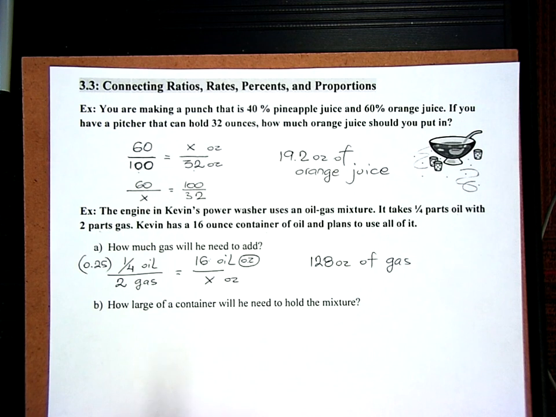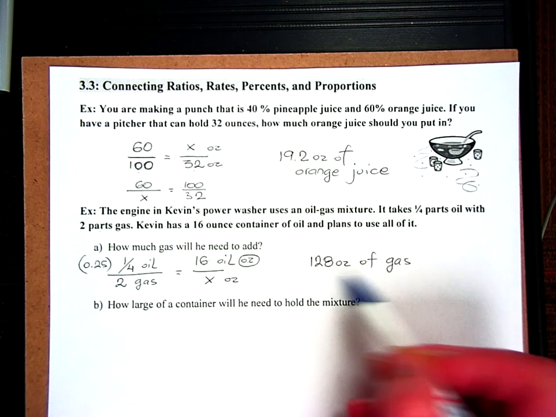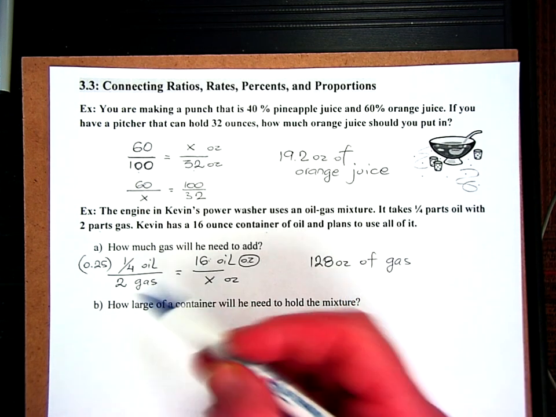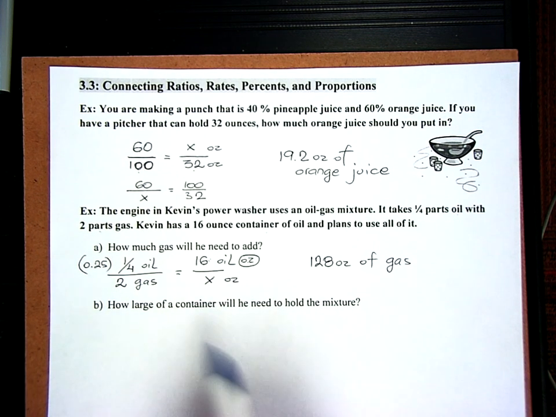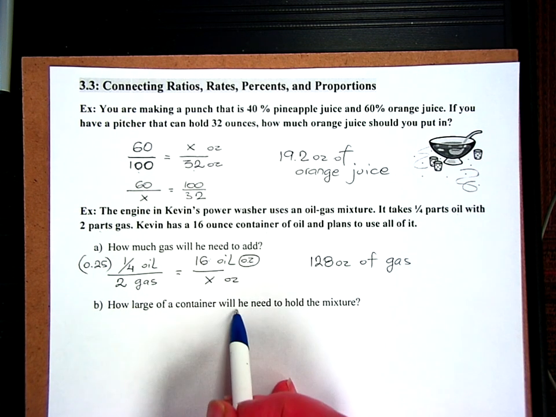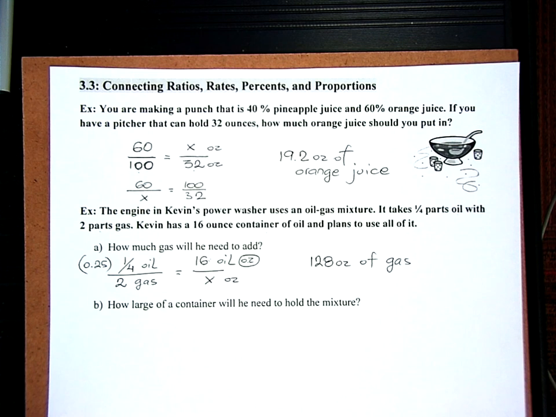Okay. And notice this has to be a large amount because 1/4 parts of oil goes for every two parts of gas. So it should have a lot of gas with 16 ounces of oil. How large of a container will we need to hold the mixture?